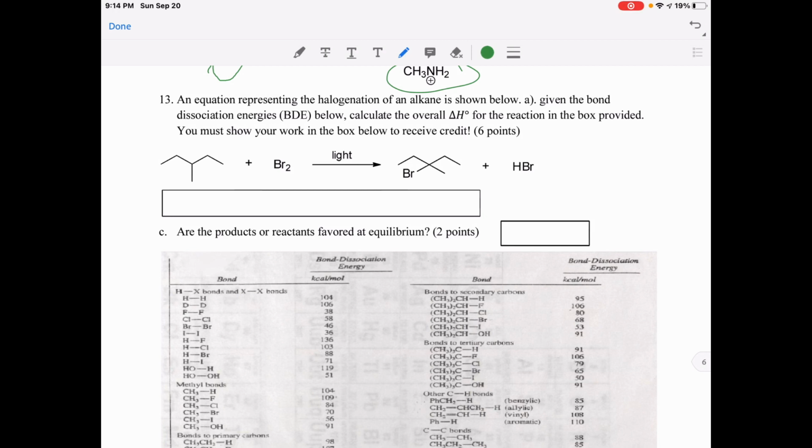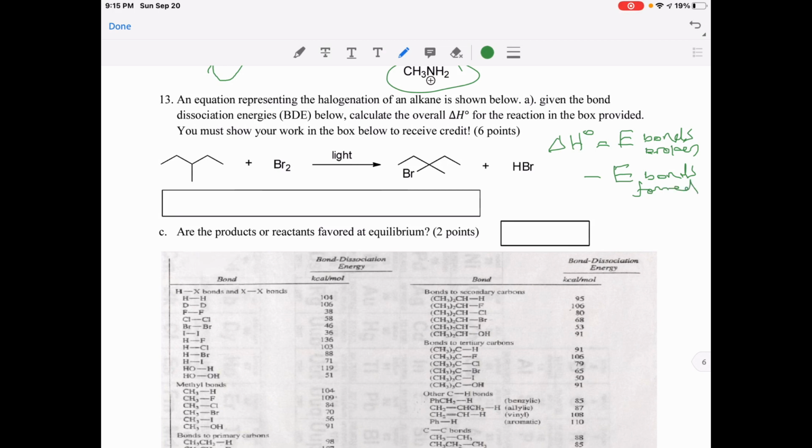There's actually an equation we can follow, and it is simply the energy of the bonds broken minus the energy of the bonds that are formed.